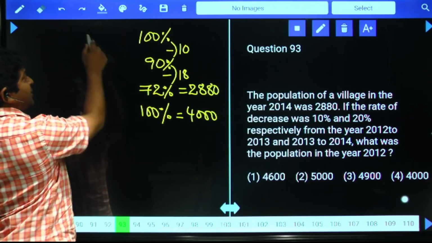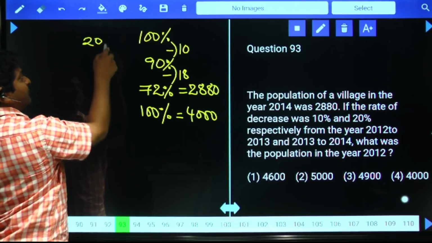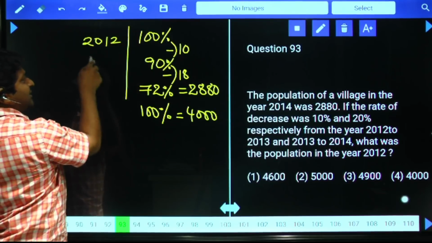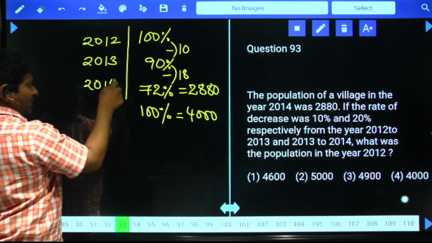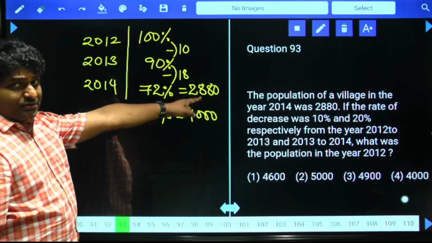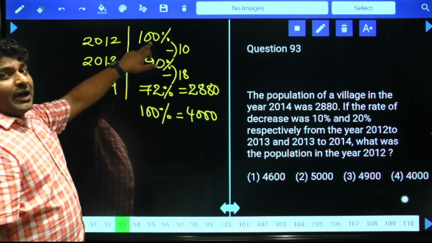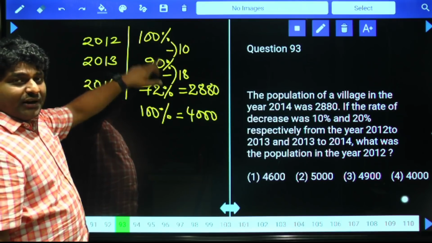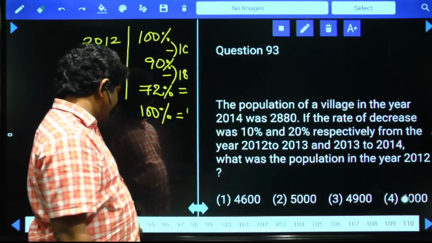This was the population in the year 2012, and next year this was in 2013 and it was in 2014. You are given the 2014 population as 2880, which is in terms of percentage 72%. 100% was the population in 2012, hence that is equal to 4000. Fourth option is the direct answer. Next.